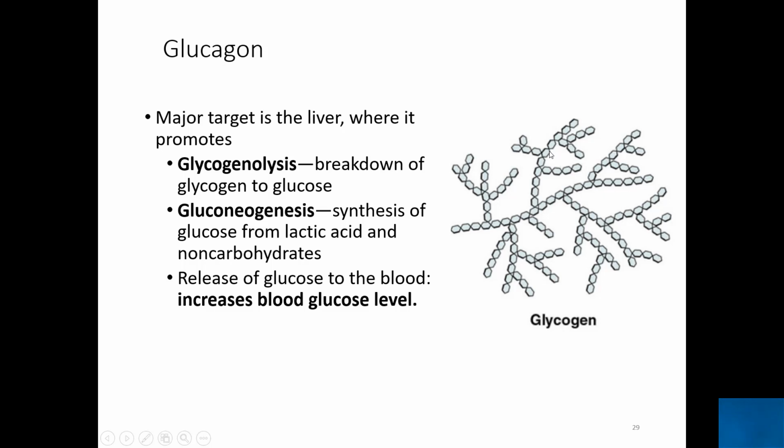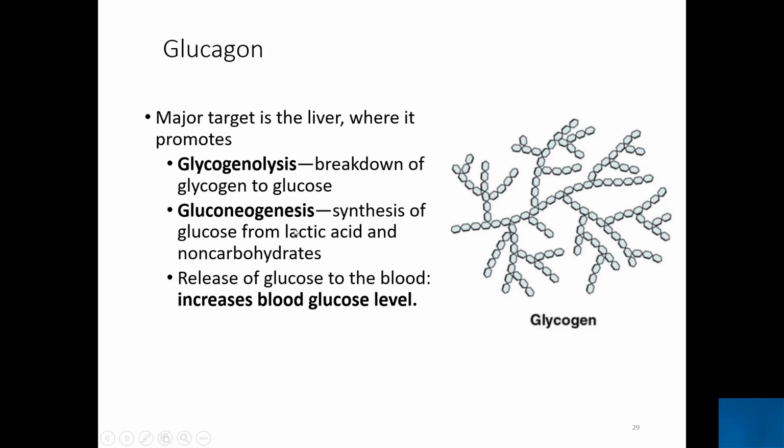Anytime it can be broken into single glucose molecules, those can be released into the blood and increase the amount of glucose in the blood. That process is called glycogenolysis, and it's controlled by glucagon.